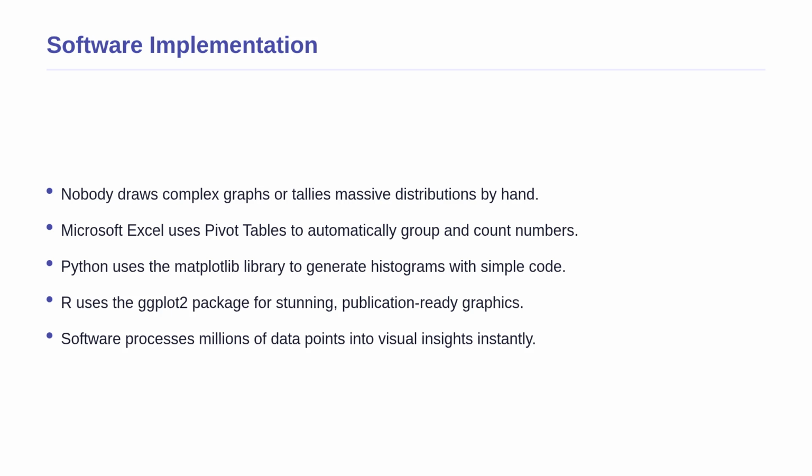For more advanced statistical work, programmers use Python with a library called matplotlib or the R programming language with a package called ggplot2. Learning these software tools is essential because they allow you to process millions of data points in a fraction of a second, turning raw data into clear visual insights instantly.